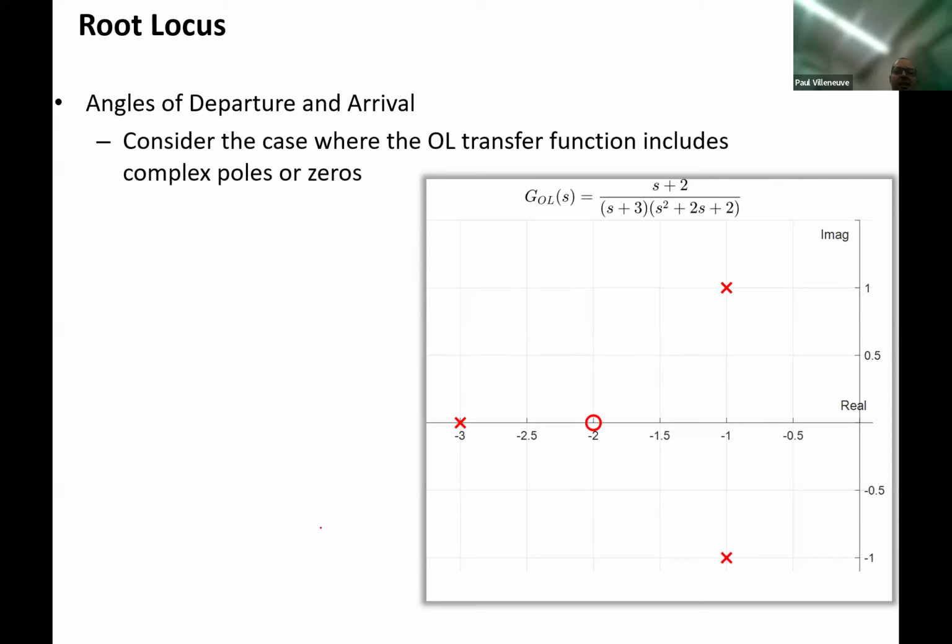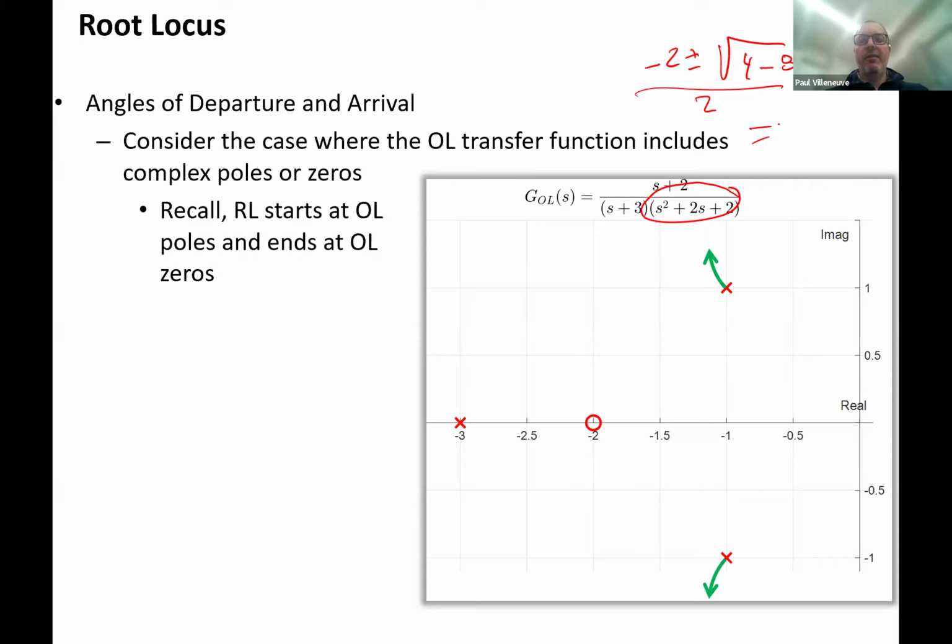So you can see over here, if I do the quadratic equation, negative b plus or minus the square root of b squared minus 4ac all over 2a, that gives me negative 1 plus or minus j1, right? So you can see that those numbers are complex. And my root locus now is a lot more complicated because I'm not starting on the real axis. I'm starting at a complex number.